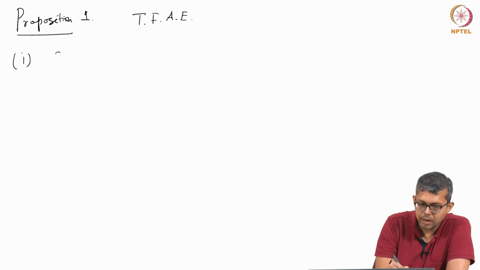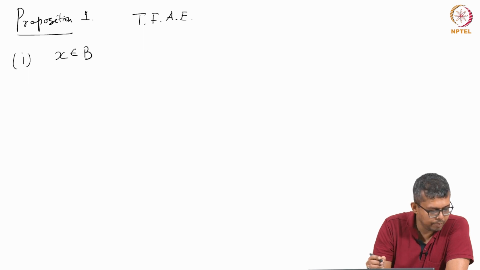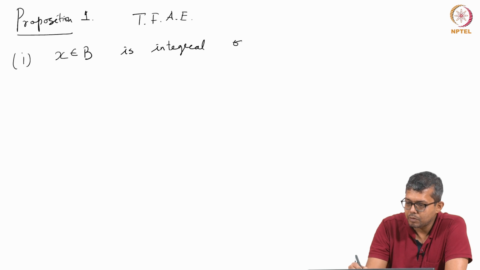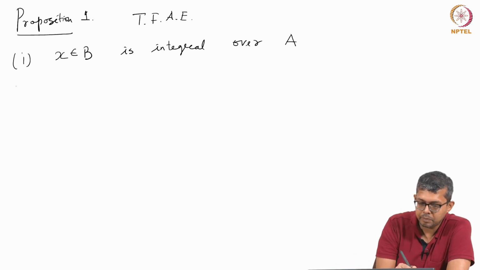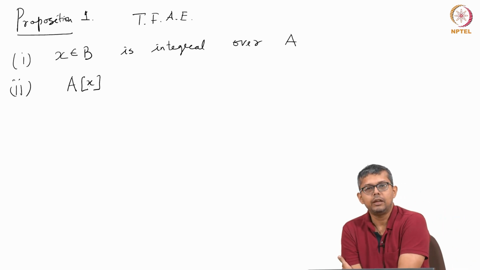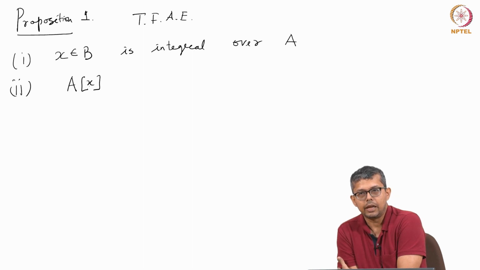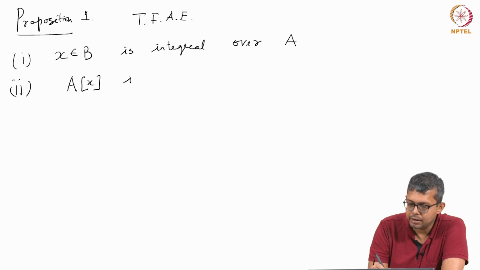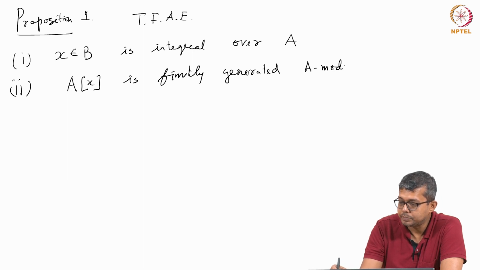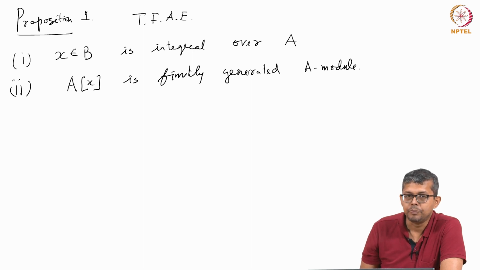First, with A and B as before, x belongs to B and is integral over A. Second, A[x], where A[x] means the polynomial ring with coefficients in A, is a finitely generated A module. Now A[x] is, of course, a finitely generated A algebra, but in general it is not a finitely generated A module.